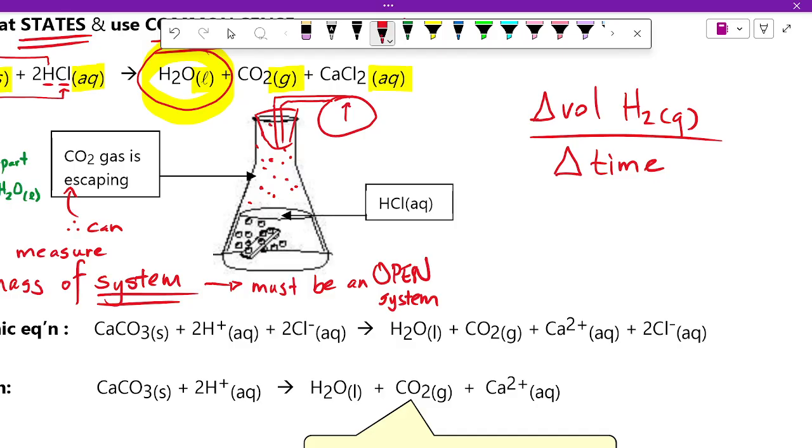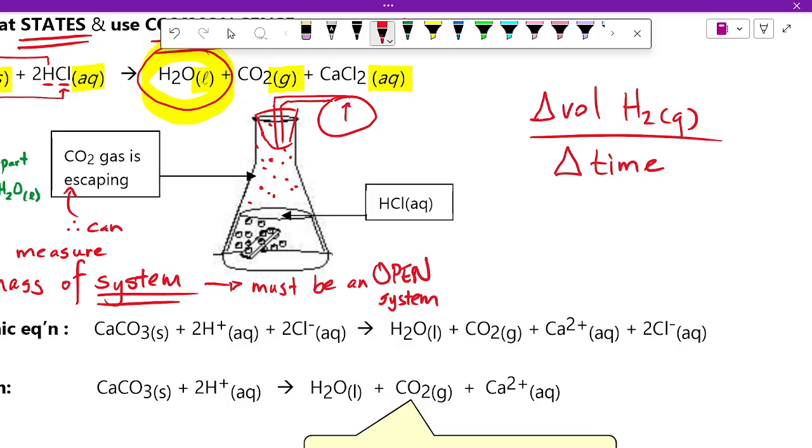Are you making gas or are you using gas up? It's a closed system, but it's not closed in terms of the volume, it's a changeable volume. But the gas doesn't escape to the outside world.